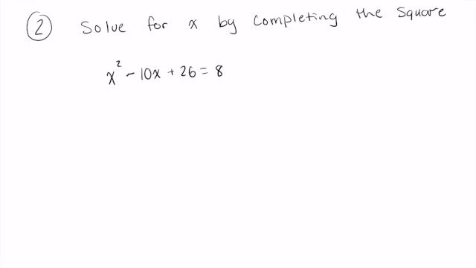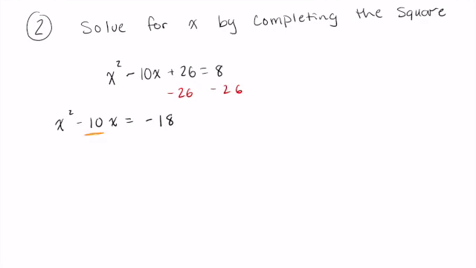So my first step, move the constants to the other side. That gives me x squared minus 10x equals 8 minus 26, which gives me negative 18. And then what do I do?